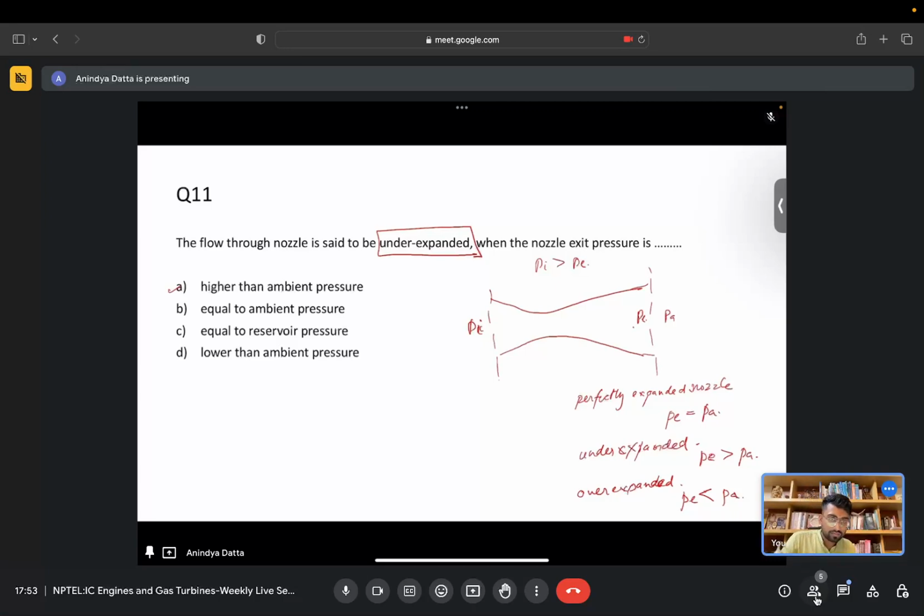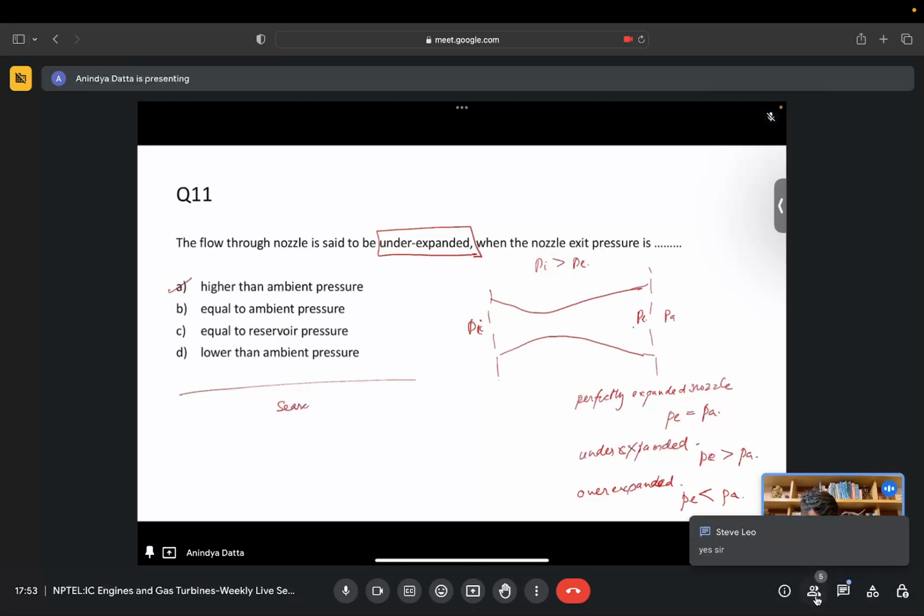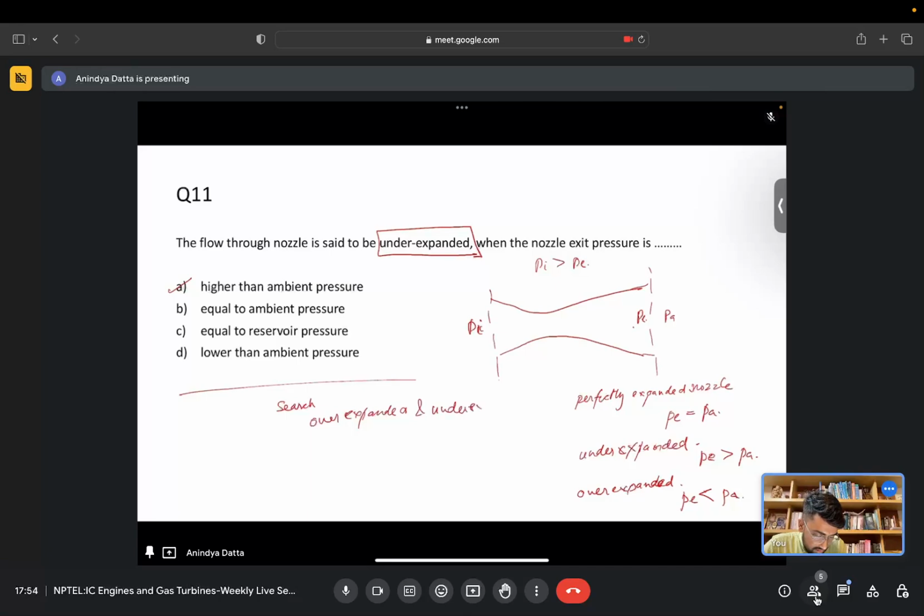Okay. If you are interested, you can search for over expanded and under expanded jet shock structure. You will see that in under expanded and over expanded jets, we get a very interesting shock structure at the exit of the nozzle, and those two shock structures are very different.